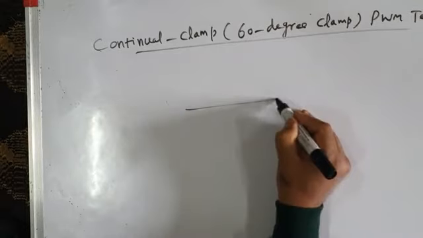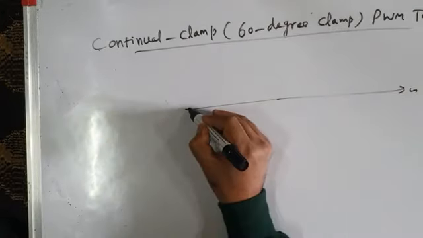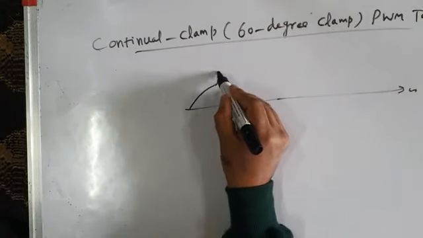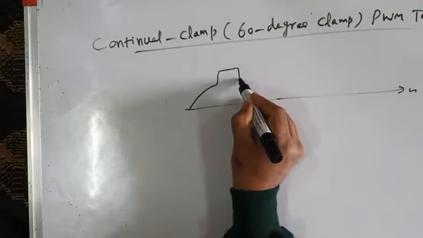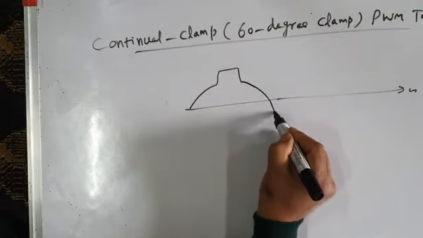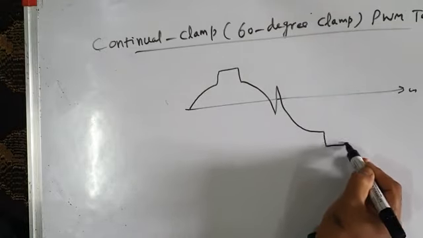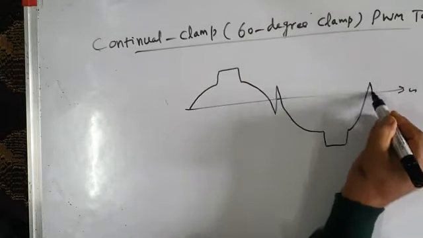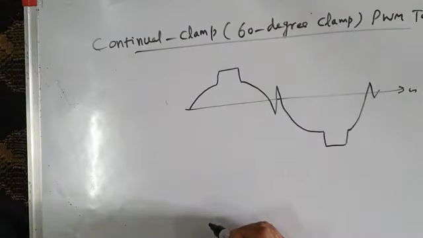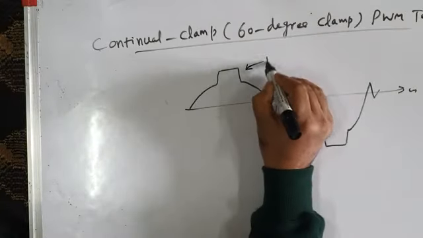If you remember, this is the omega t axis. Let me take one phase. Bus clamping was achieved like this. This is phase leg R, for example R phase.